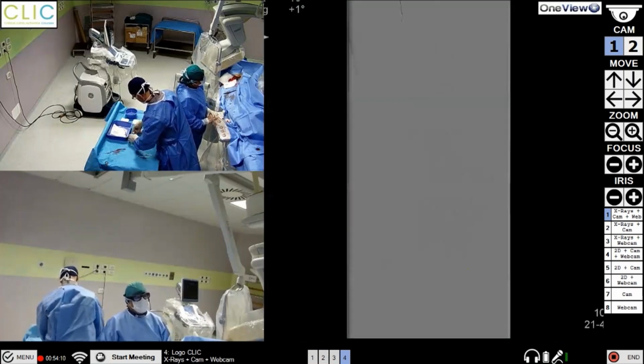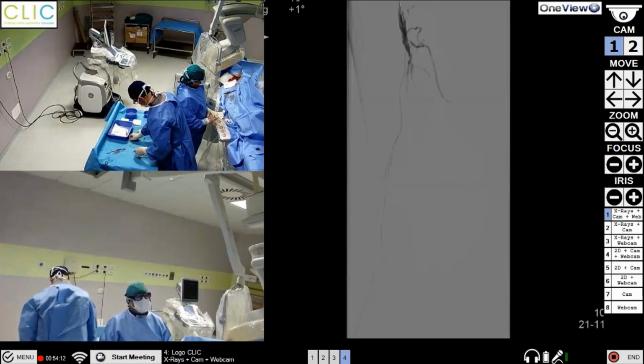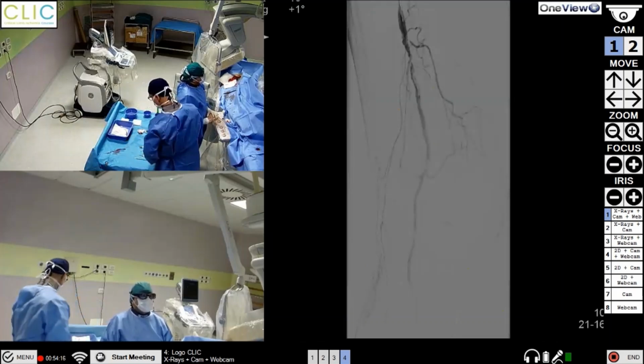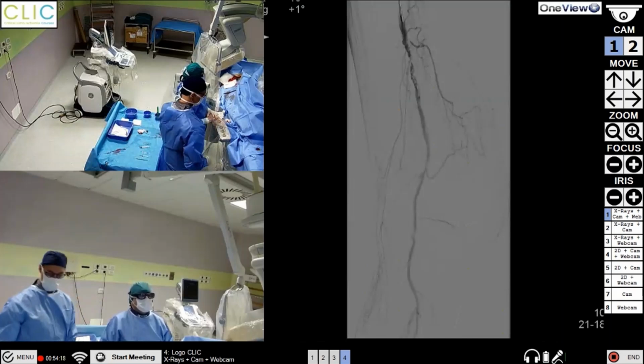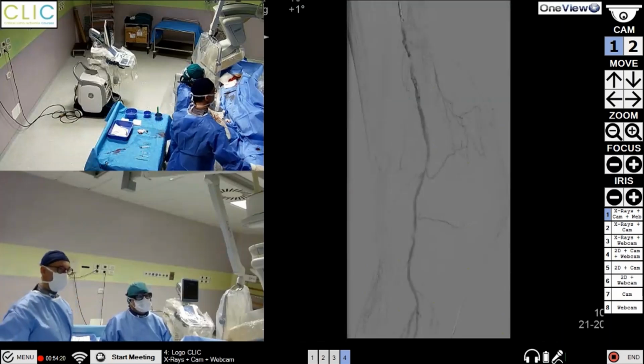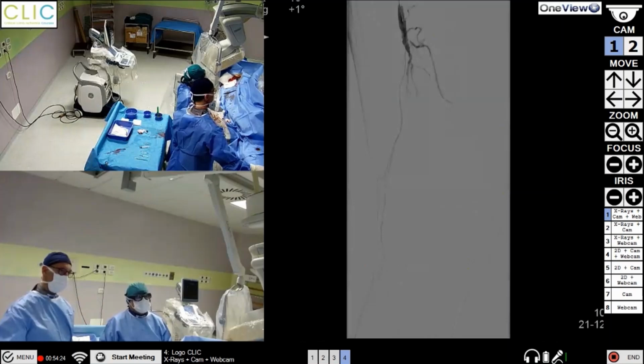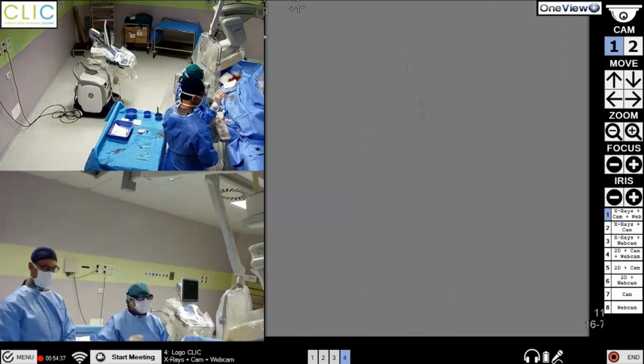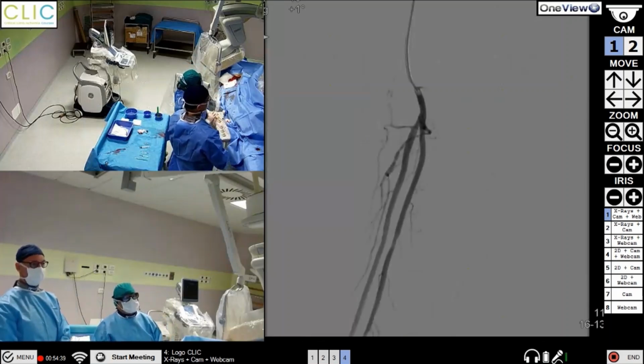When we have a direct communication of the SFA with collaterals, the crossing manipulation is not easy, because the wire mainly approaches the collaterals compared to the true lumen. So we have to change the projection a little bit.